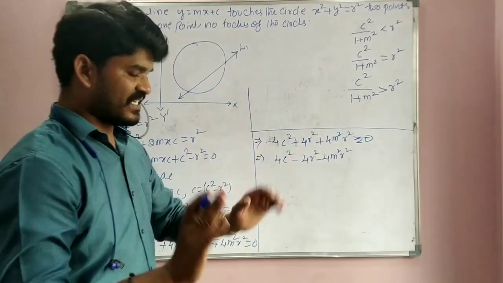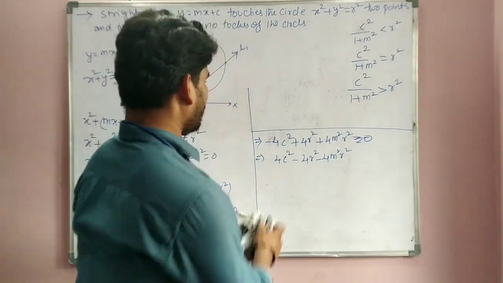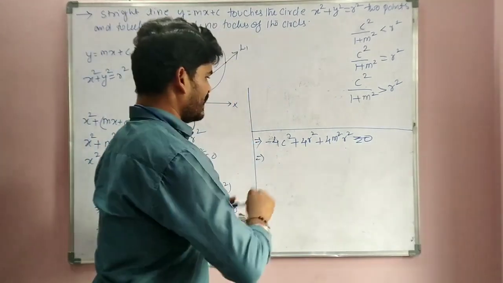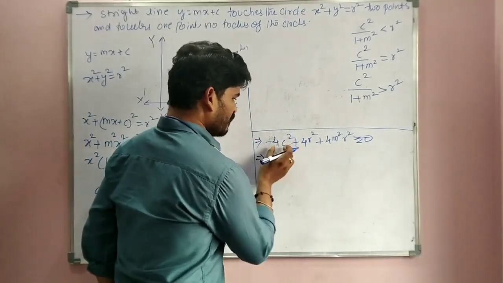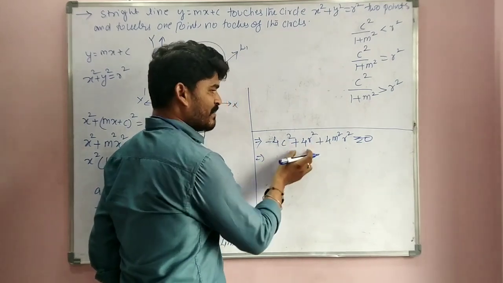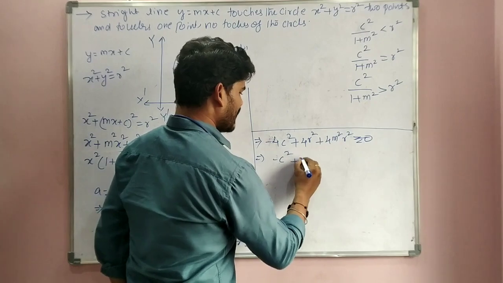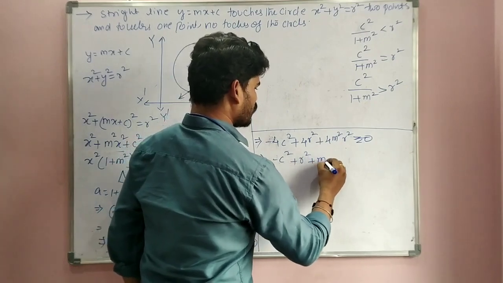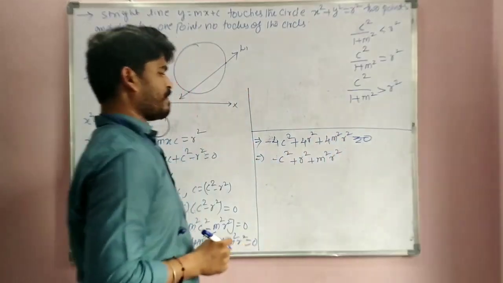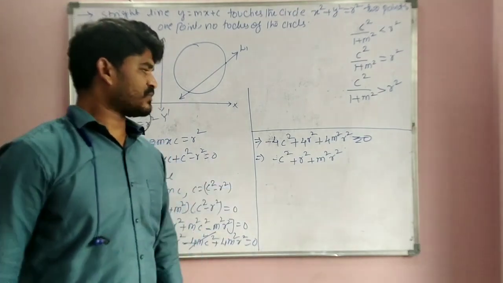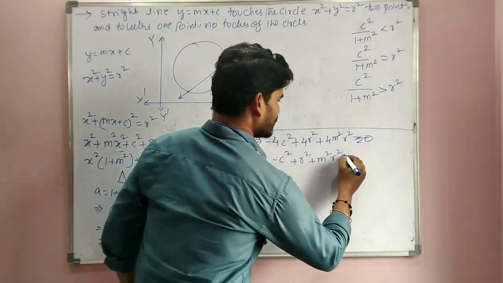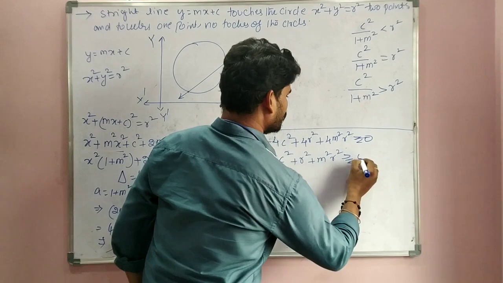Right. Listen here. In this, 4 is common and we transfer to that side, we will get minus c square plus r square plus m square r square, less than or greater than or equal to 0.